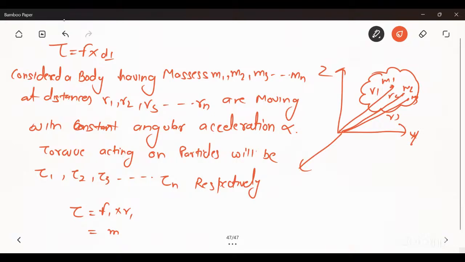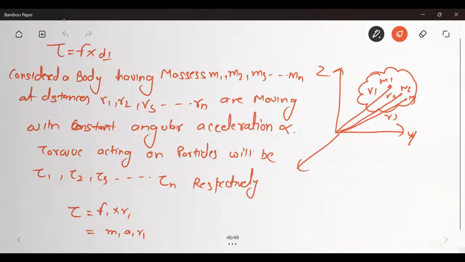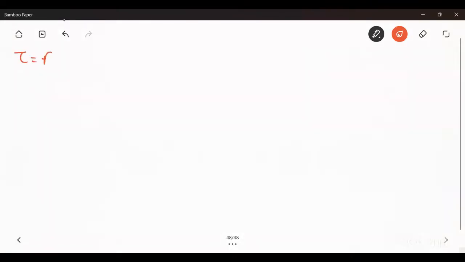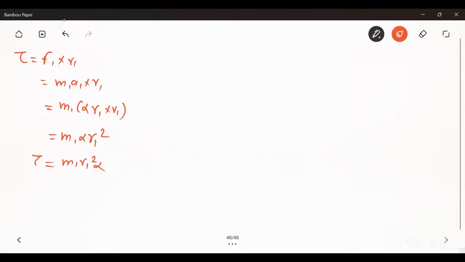Force is mass into acceleration, so M1 A1 into R1. A1 is alpha into R1. So M1 alpha R1 into R1, that is M1 R1 square alpha. So M1 R1 square alpha is the value of tau 1.